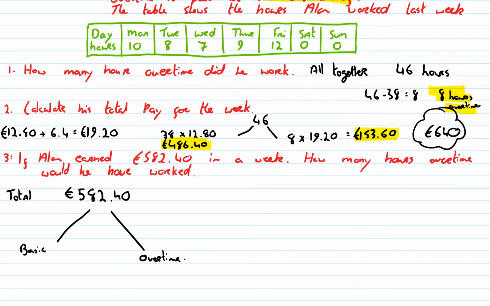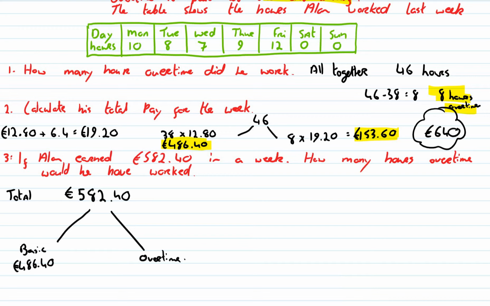Let's split it into his basic wage and overtime. We found already up here that his basic wage for working the 38-hour week is €486.40. And that's not going to change. Now let's see how much overtime he's made. So we minus one from the other.